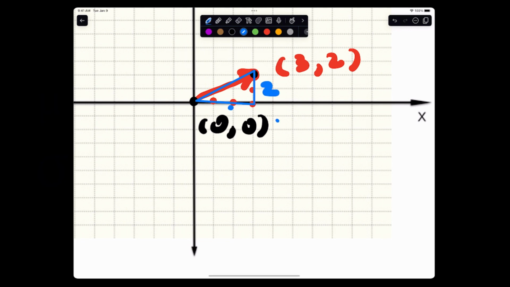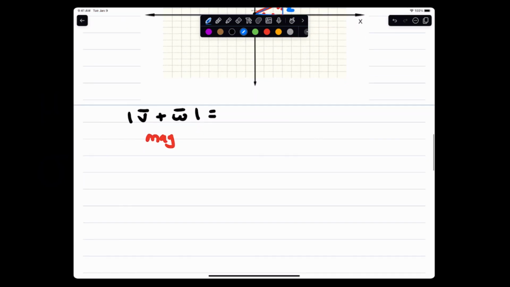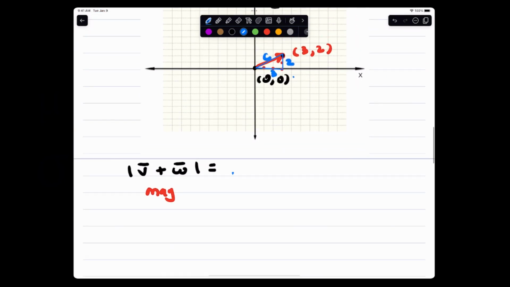This is 2, this is 3, and this is C. But Pythagorean theorem is going to be done very simply, the C value. So all you got to do now, ladies and gentlemen, is take the square root of 3 squared plus 2 squared. So this is actually C from yesterday. Is that true?